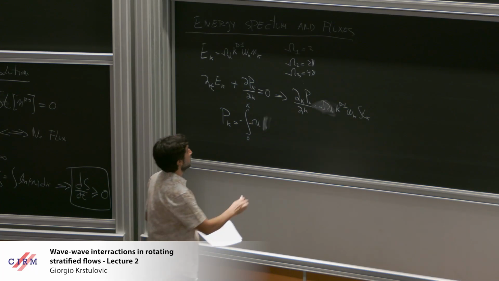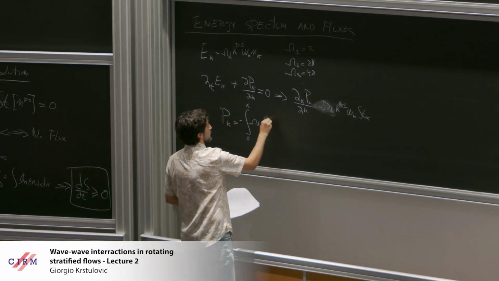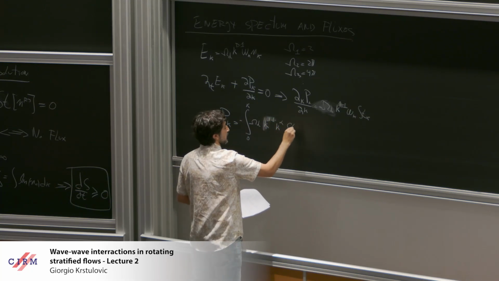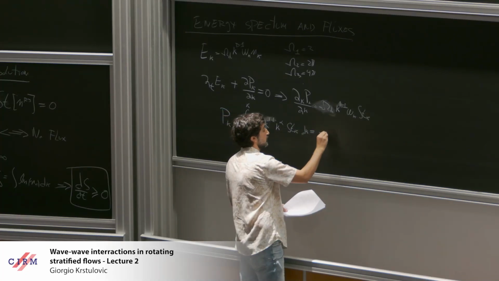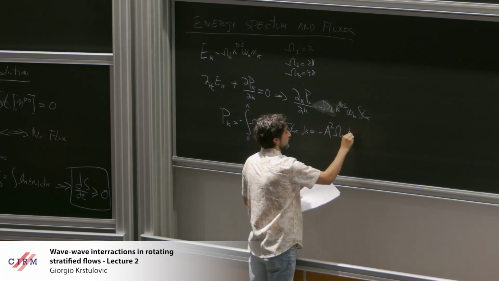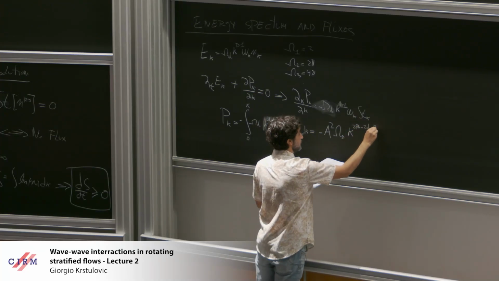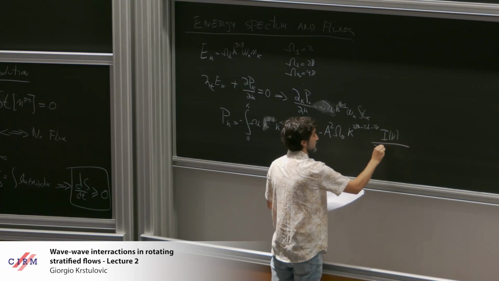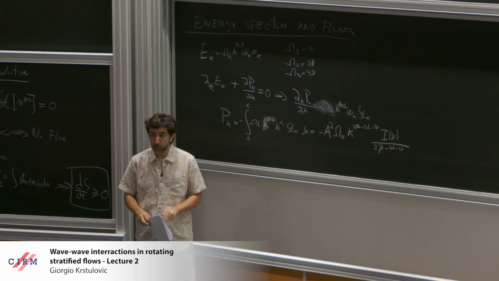It was 2, so I changed this to little d, of k to the d minus 1, k alpha, s of k, dk, and that gives you something very explicit, which is minus a squared omega d k to the power 2 beta times I of nu, divided by the same exponent. So this is a direct calculation.